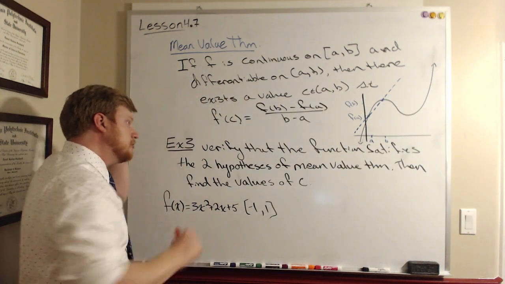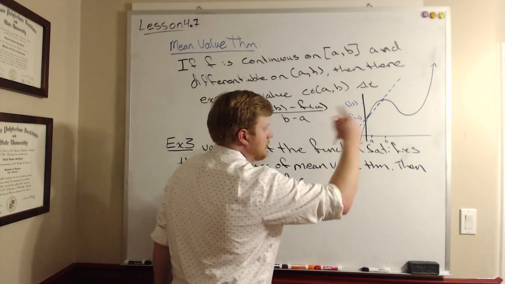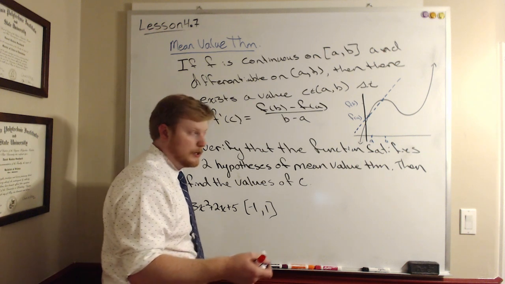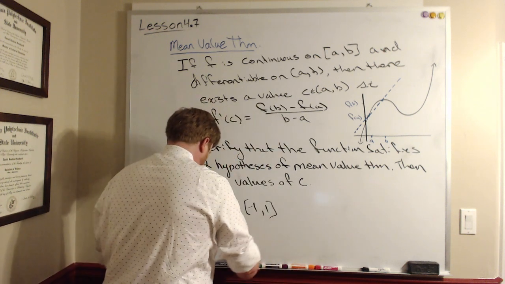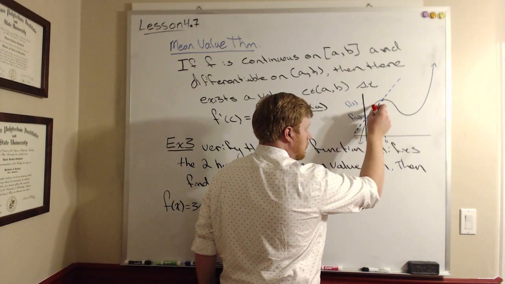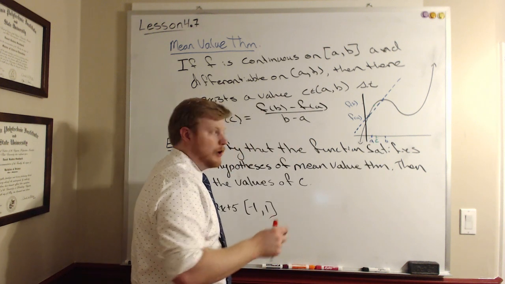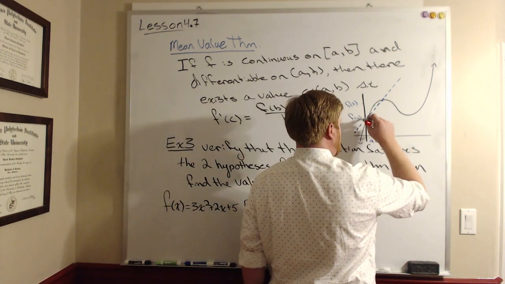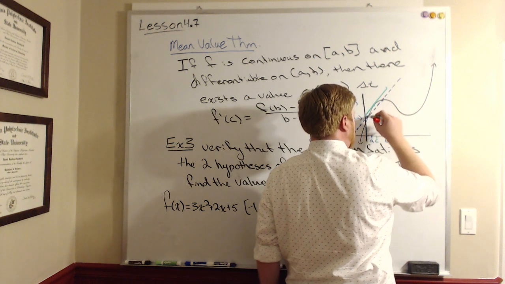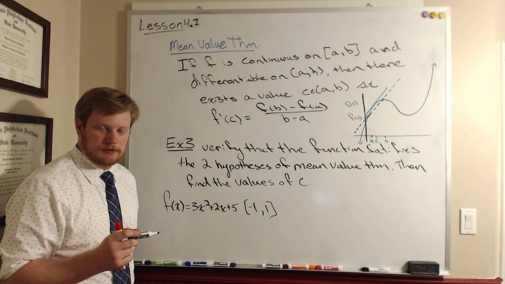Well, the mean value theorem says that if f is continuous and differentiable on that interval a to b, then there is a point between a and b where the instantaneous rate of change is equal to the average rate of change.